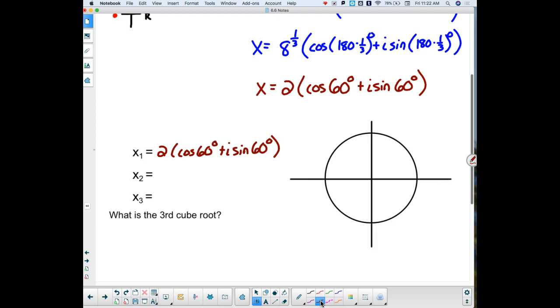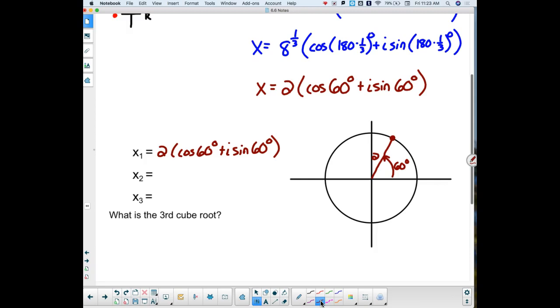Which, if I had to guess, would be right about there. Because it's 2 away, and it's at an angle of 60 degrees on the complex plane. Agree?